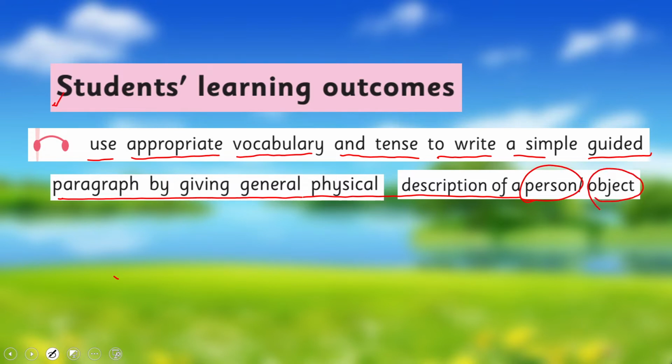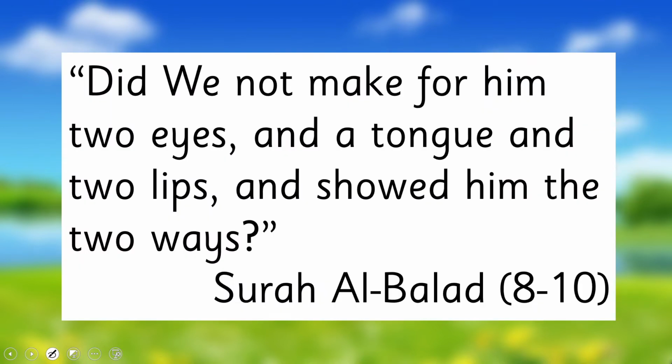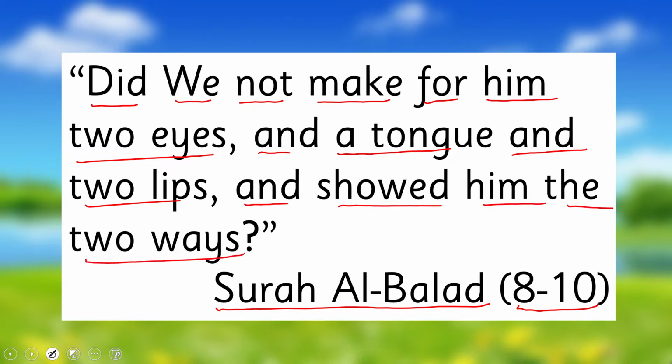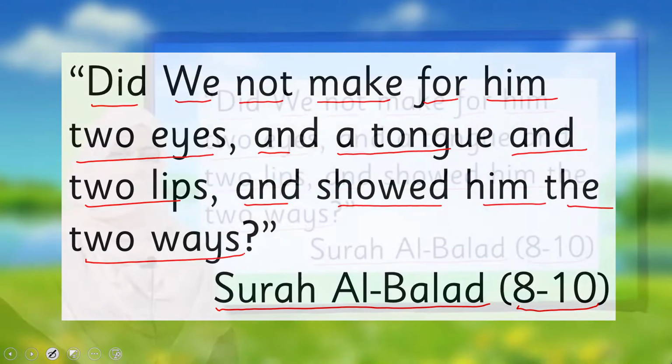Let's start with the name of Allah subhanahu wa ta'ala. Allah mentions in Quran, Surah Al-Balad, verse 8 till 10: Did we not make for him 2 eyes and a tongue and 2 lips and showed him the 2 ways? Yes, my dear children.